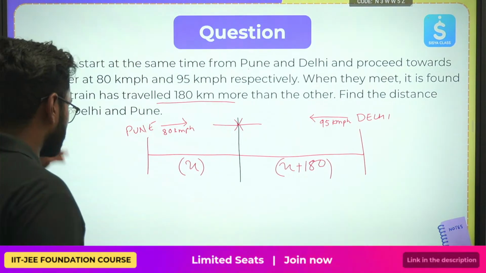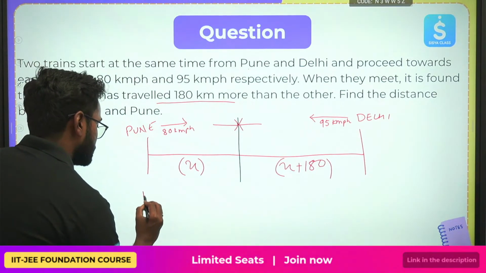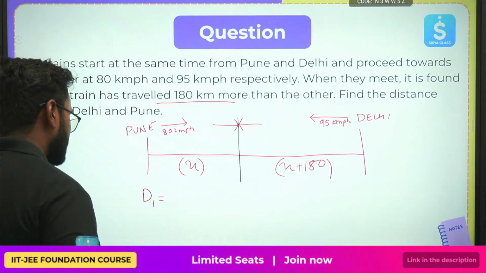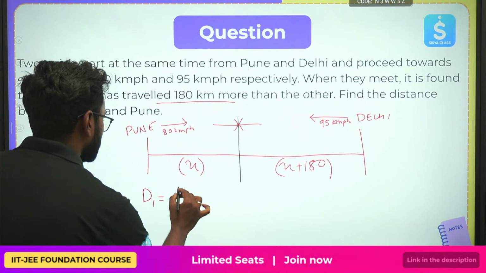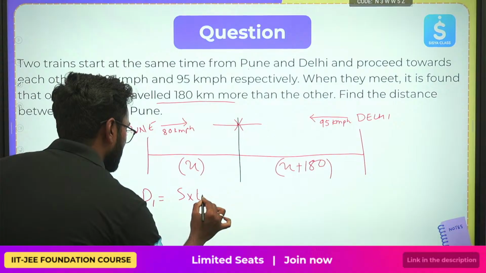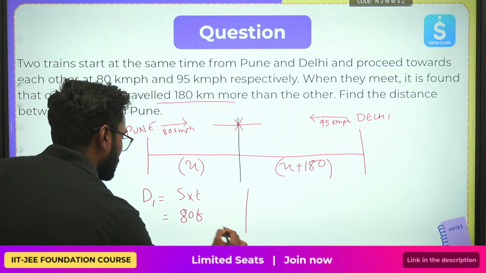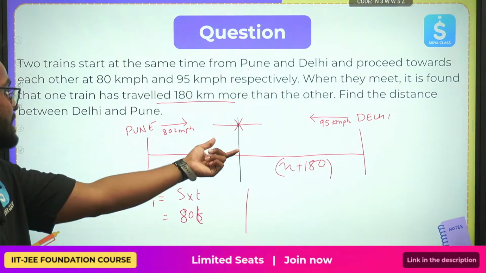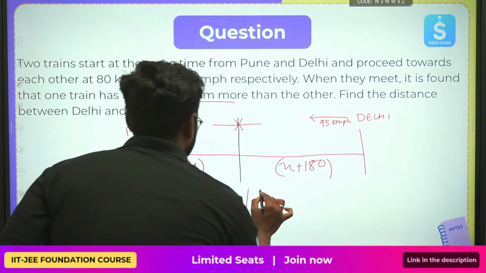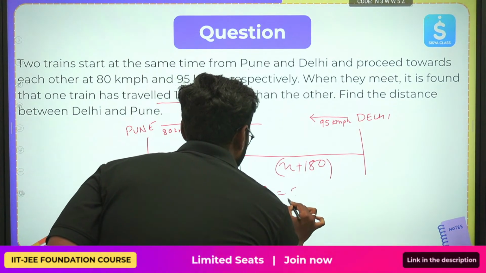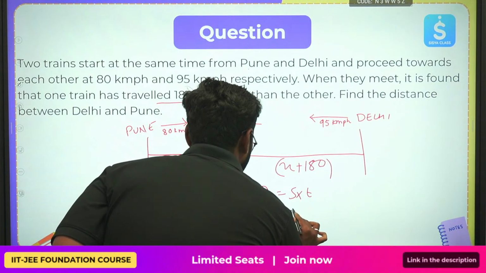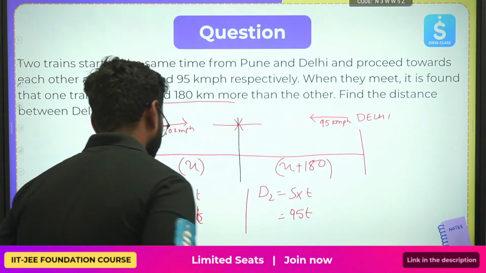So if we use it for one, let me take the Pune case. This should be speed into time. Time is constant. Let me keep it like this. Now second case. This Delhi train is moving at 95, right? This should be 95t.